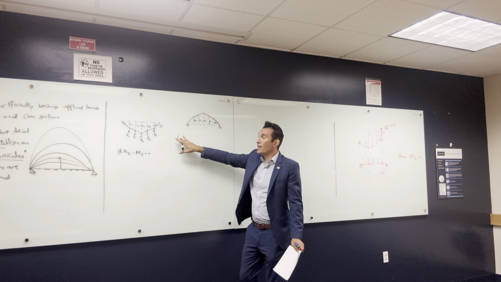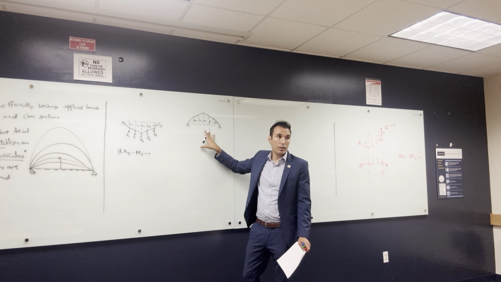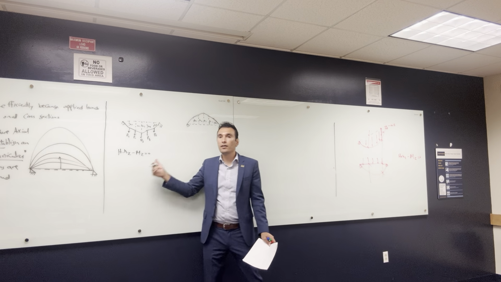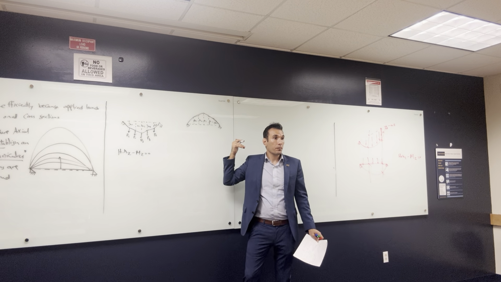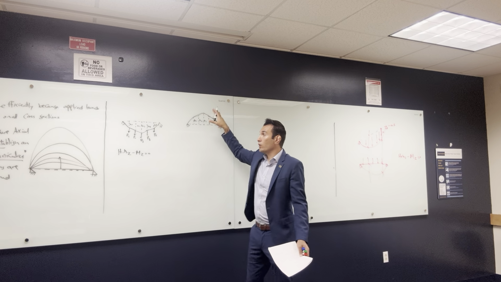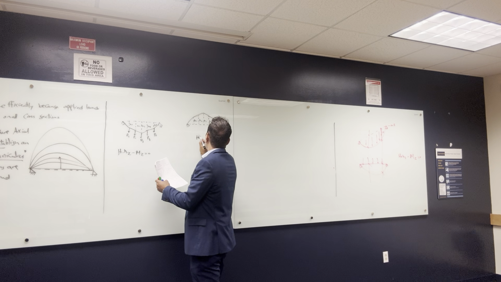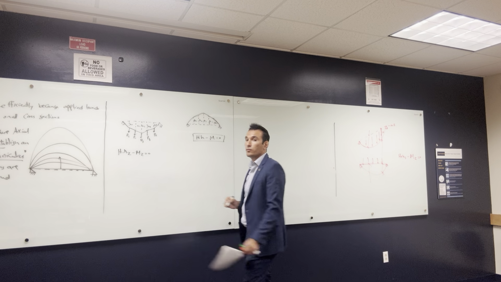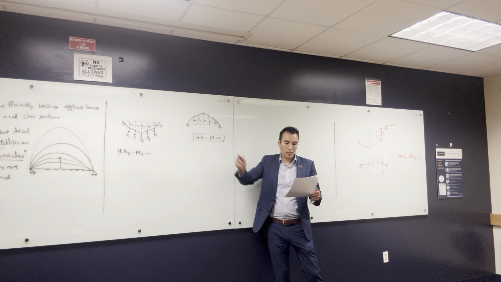If this height is the same as this height, then our arch is a funicular shape. So, for an arch to be funicular, it has to go with the general cable theory. It should apply to both of them, okay? Because it's the same height, it's going to be the same horizontal force, so all the loads are vertical. So for a funicular shaped arch, the general cable theory should be applicable, equal to 0. If this is not applicable, this arch is not a funicular shape.